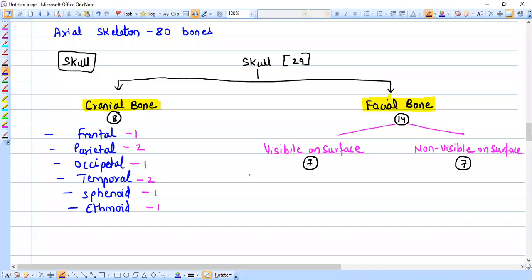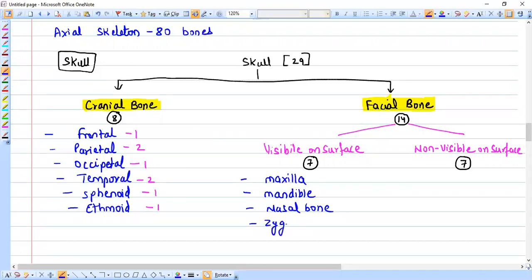The ones which are visible, first is maxilla. Maxilla is nothing but your upper jaw. Second is mandible. Mandible is your lower jaw. Then we have nasal bone. Nasal bone is basically your nose. And we have zygomatic bone. Zygomatic is your cheekbone.